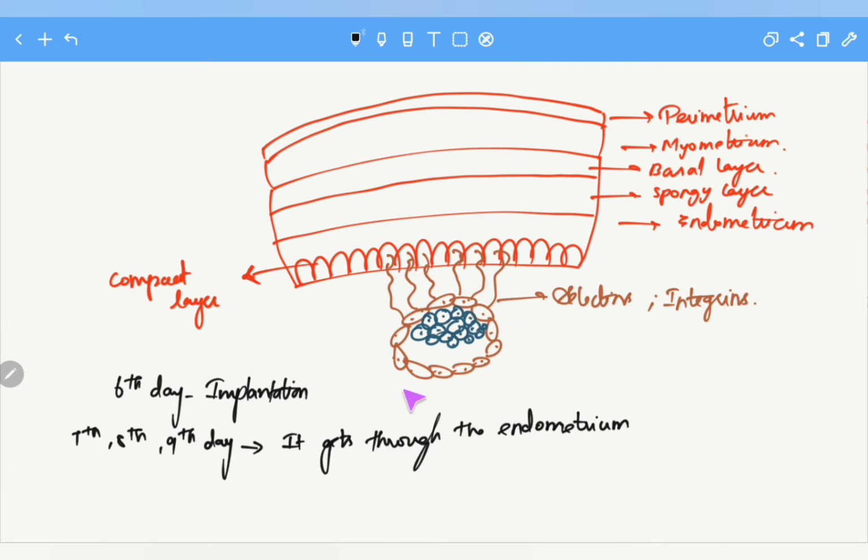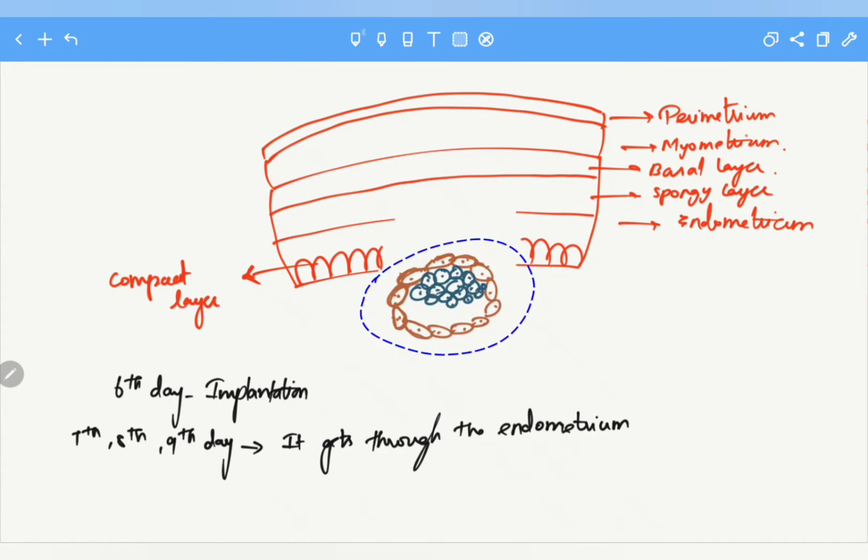As a whole, this blastocyst gets through the endometrial layer. It passes through the compact layer, the spongy layer, and it gets attached with the basal layer of the endometrium.